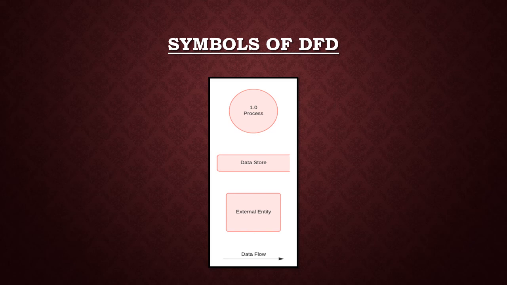Then we have third one, this is the square. It represents the external entity, which is the source of the incoming data, from where our data is coming. And the last one, the arrow, it is representing the flow of data inside the system. So all these symbols we are using in the DFD to represent the information flow graphically.